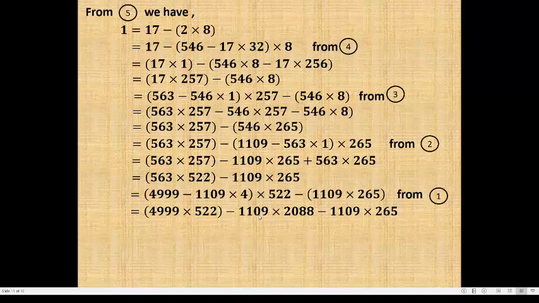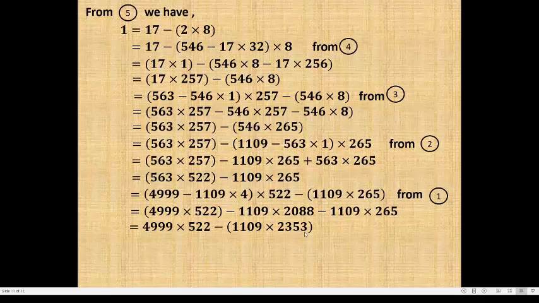Now here take out minus 1109 common, and inside the bracket 2088 plus 265. So here we get 2353. So that means here we get 4999 into 522 minus 1109 into 2353.